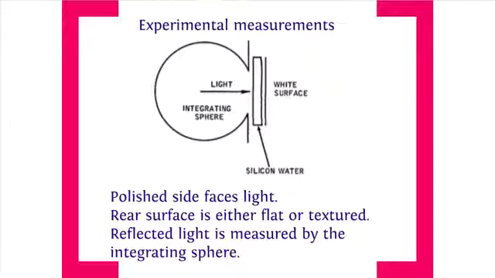Let me draw this so you can appreciate what this means. In one situation, I have something completely flat. Let's imagine a mirror in the back. In the other situation, I have something textured with a mirror in the back.